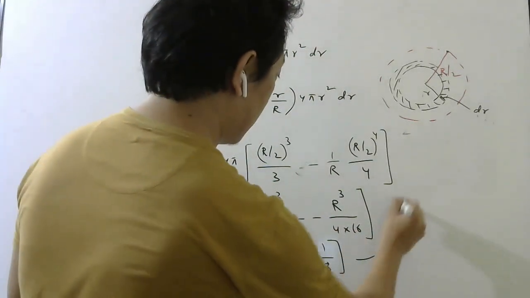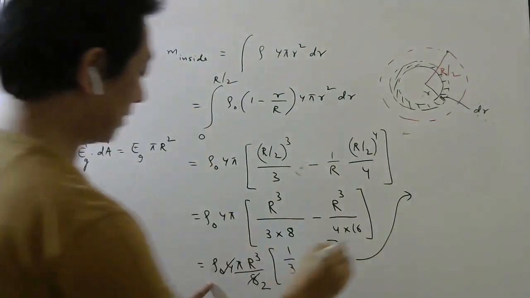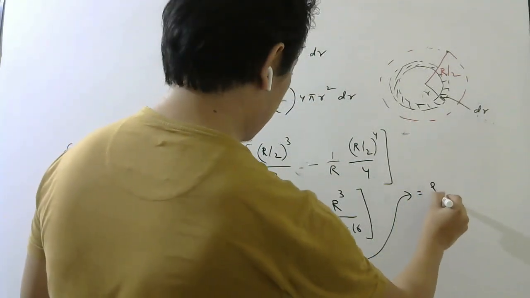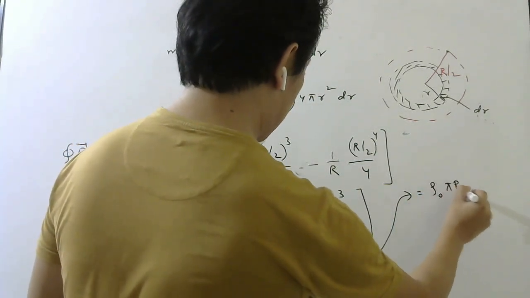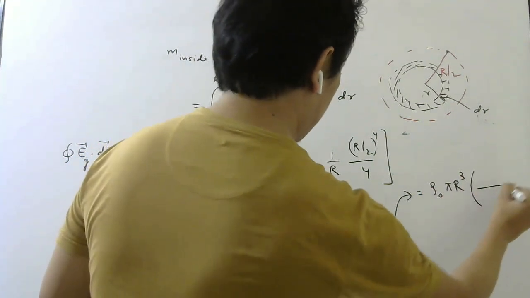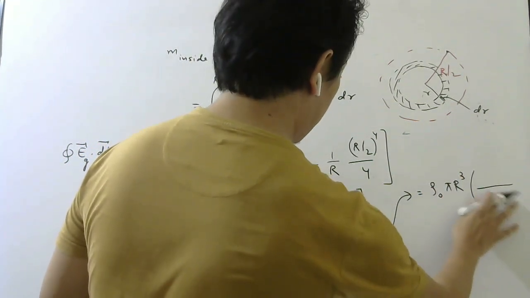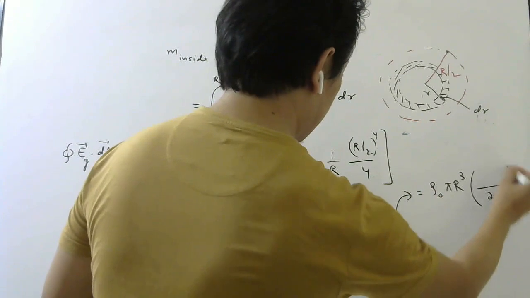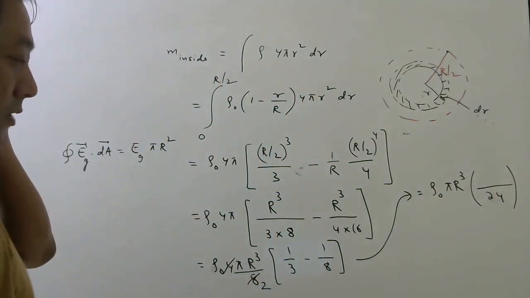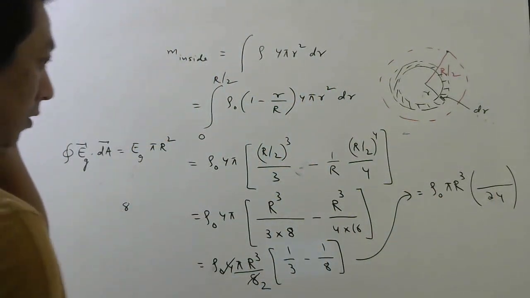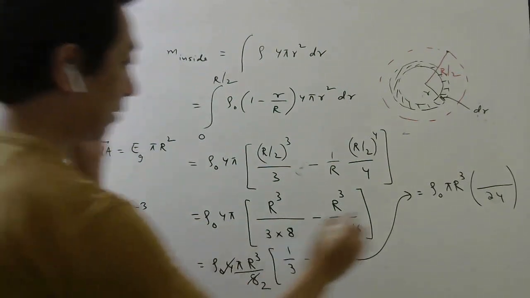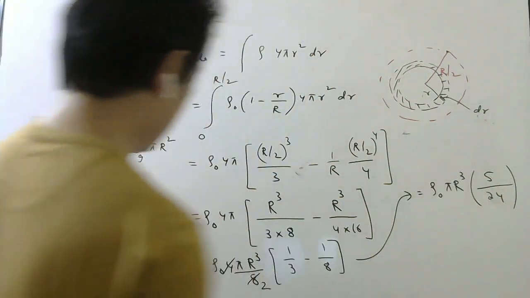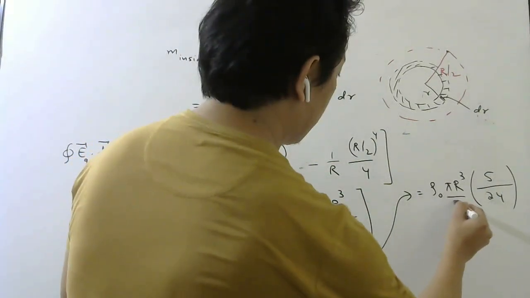So my mass inside is coming rho naught pi r cube, 3 eights are 24, 8 threes are 24, so 8 minus 3 will be 5, and this 2 also was there, right?